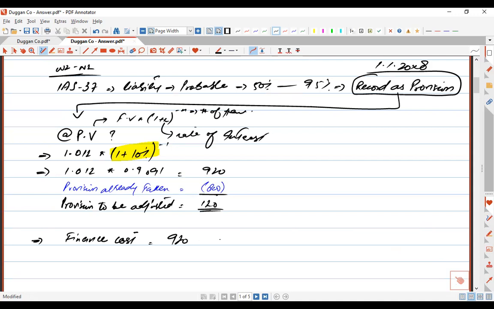As they have done nothing with it, we are directly calculating finance cost at 10%, unwinding of discount, into 6 upon 12. Sir, why are you taking 6 upon 12? Because you made this provision on 1st Jan 2008 and the year end date is 30th June 2008. So there is a time gap of 6 months. So we are taking 6 months of interest and an amount of 46 is calculated.